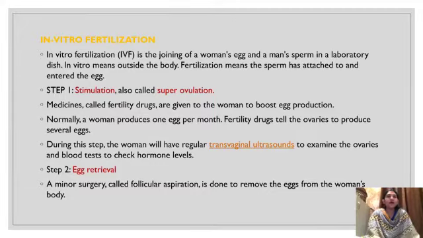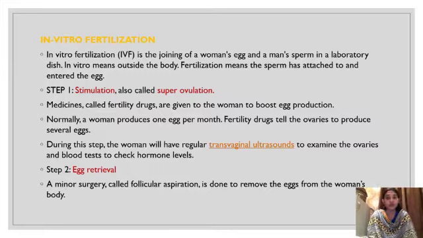Clear? So in vitro fertilization is the joining of a woman's egg and a man's sperm in the laboratory dish. The fertilization takes place in the laboratory dish, which is the sperm penetrating the egg.